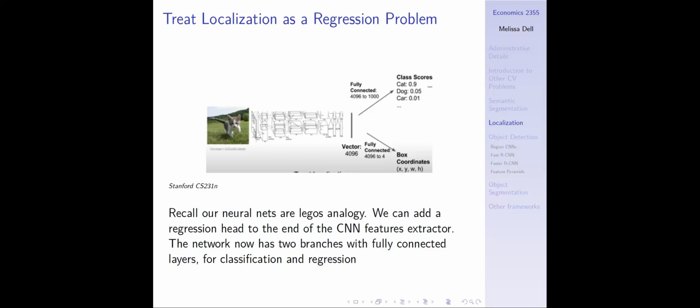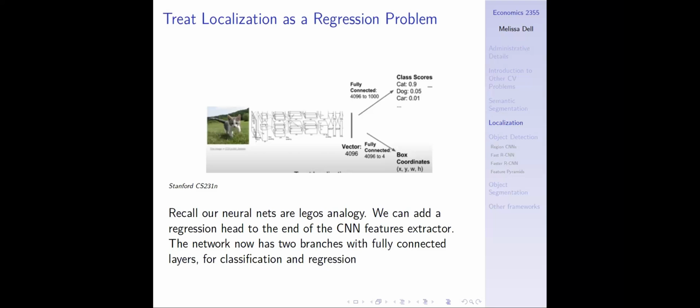So you're going to have a fully connected layer that takes you to 1,000 different classes, and that's the probability of each of the object classes in ImageNet. And then you're going to have another fully connected layer that takes you down to 4 predictions. And those are just the bounding box coordinates of the object. You're going to do these things side by side and just stack them on top of your CNN.